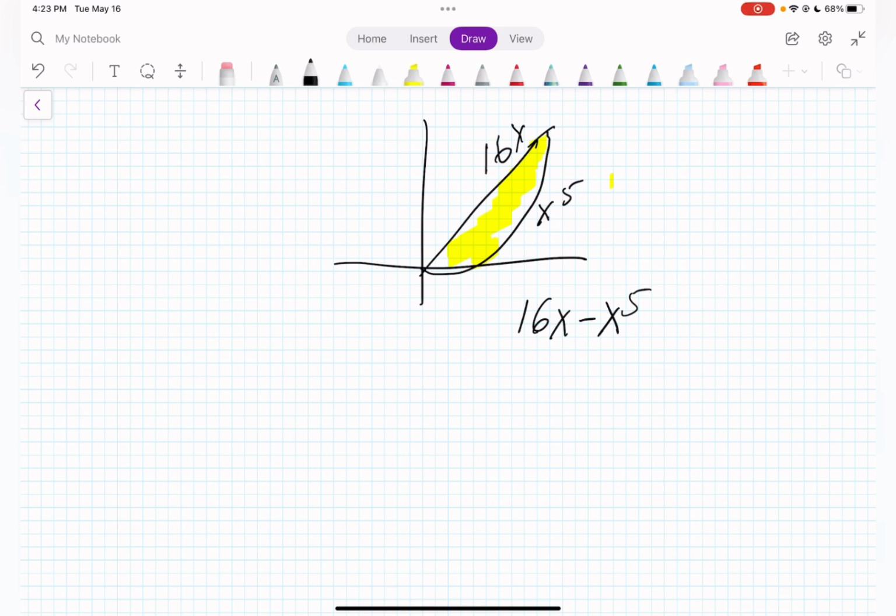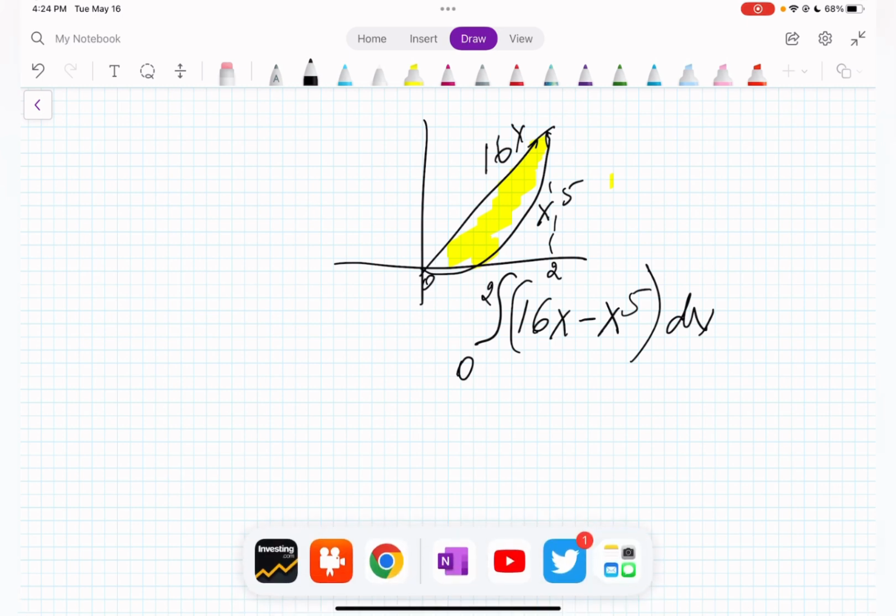And because we need to find the area, and this is not a rectangle, triangle, or any regular shape, we need to take integral. And dx, and limit was from 0 to 2. Obviously this is 0, and 2 is going to be somewhere here. And that's all. So let's plug.